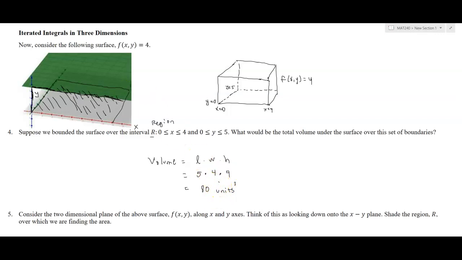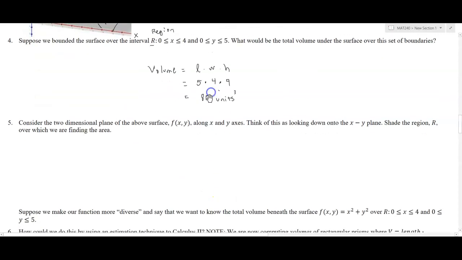So when we set these problems up, we're going to want to sketch the region that we're dealing with. So here, in this xy plane, let's pretend that we're looking down on the xy plane. We've oriented it so that the z-axis is right here coming up at us, right in this corner. And we know that x goes from 0 to 4 and y goes from 0 to 5.